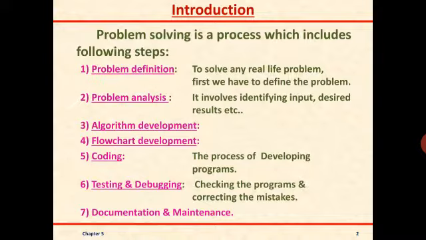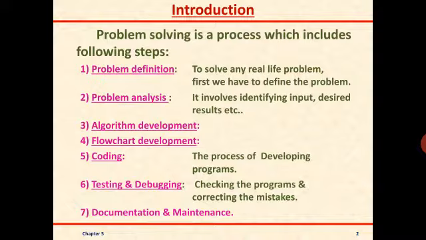Fifth step is coding. Here, whatever solution we have developed, we will be converting that into a set of instructions or a program, that is, it is converted into the computer language.